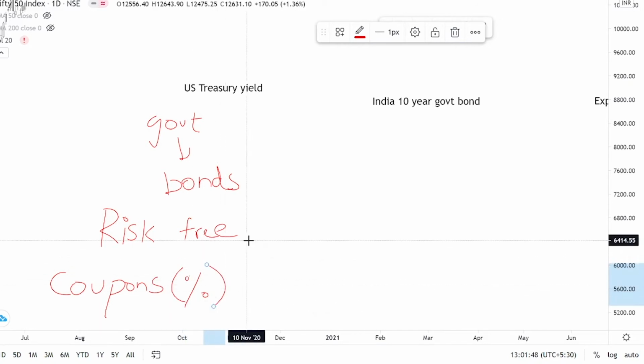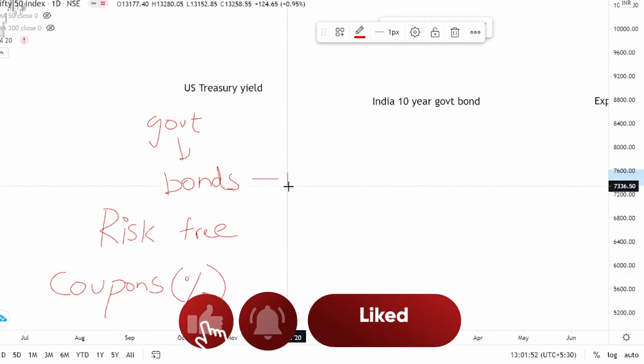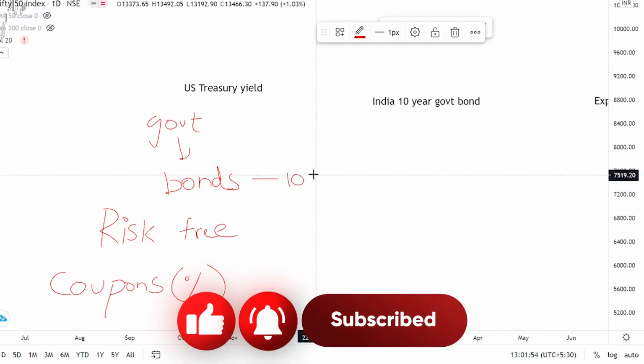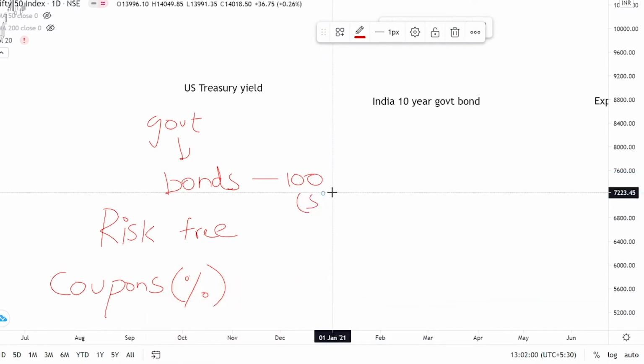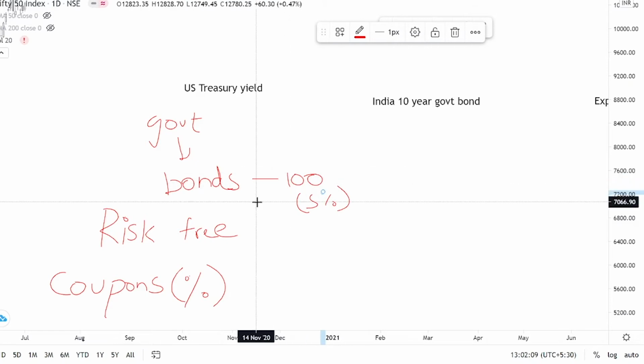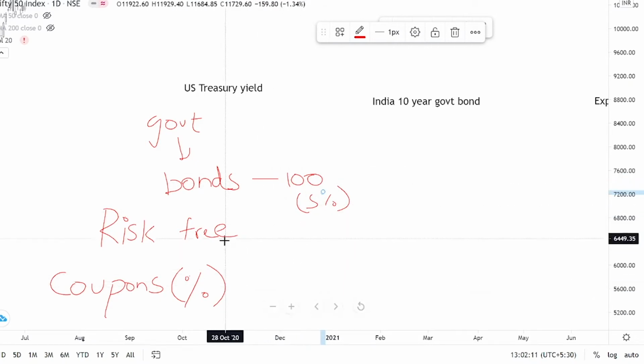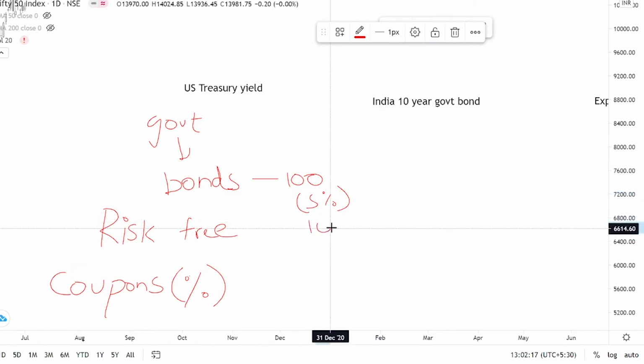So for example, if a bond is worth, let's say, 100 rupees with an interest payment of 5%, this means that every year 5% of 100 rupees, which is 5 rupees, would be paid on a yearly basis. And the bond, let's say, is a 10-year bond.